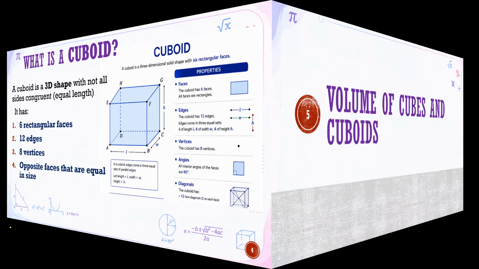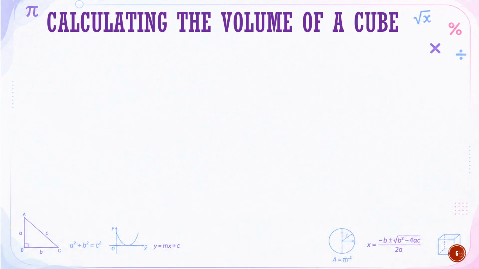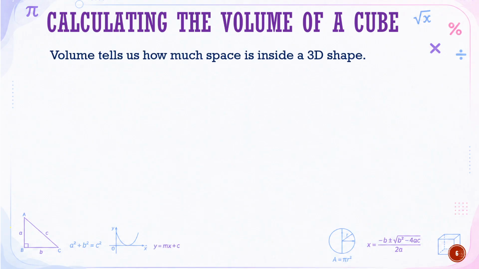Okay, coming to how to calculate the volume of cubes and cuboids. First and foremost, what is volume? Volume is the space inside a given shape. Volume tells you how much space is there inside a three-dimensional shape.